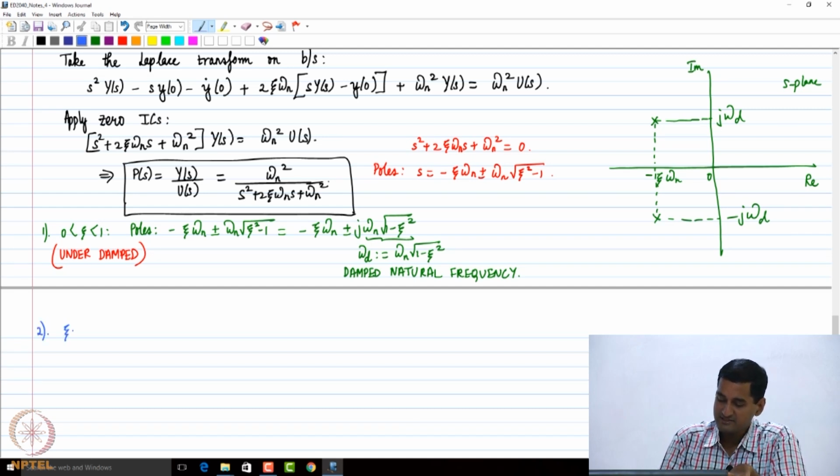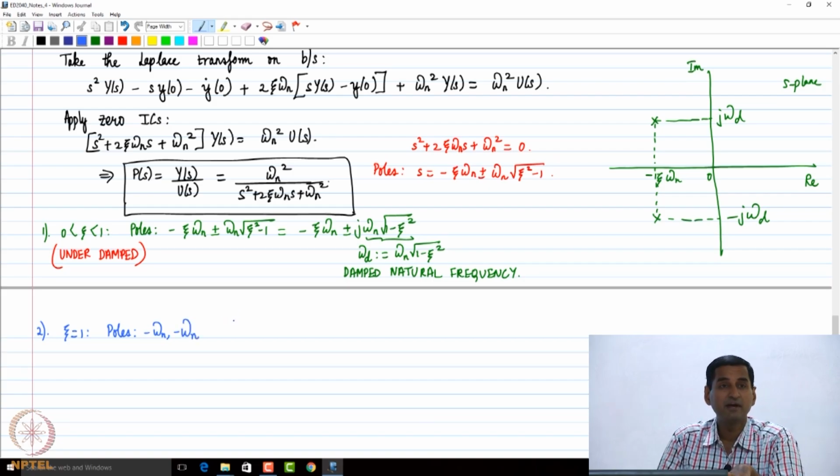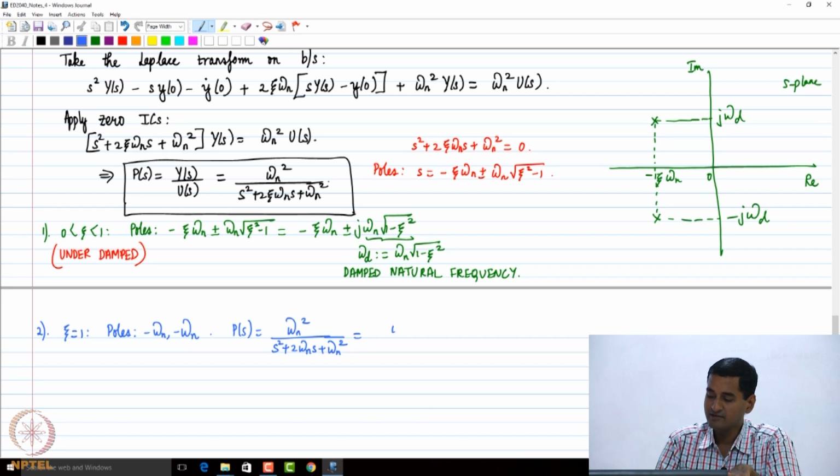The second case is when zeta is exactly equal to 1. We immediately see that the poles are going to be at minus omega n and minus omega n. So we have a pair of repeating poles at minus omega n. Why is that? Because immediately we see that the transfer function becomes omega n squared divided by s squared plus 2 omega n s plus omega n squared, when zeta is exactly equal to 1.